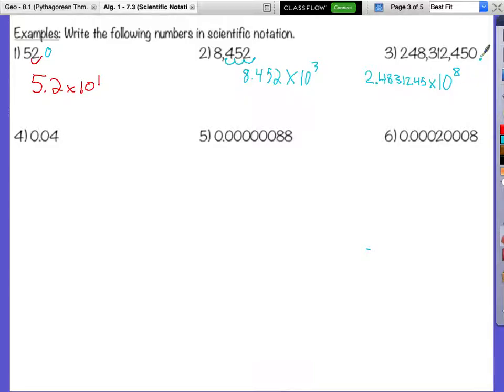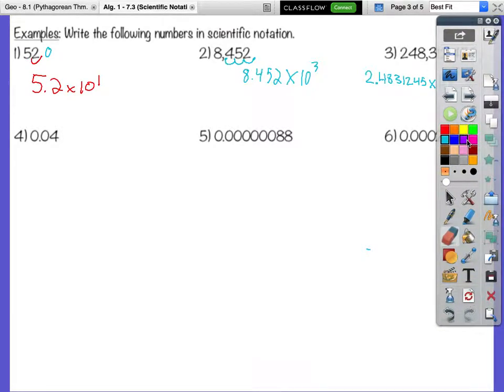It's not supposed to be dead center. Negative 4. You don't know how to count. Count right.